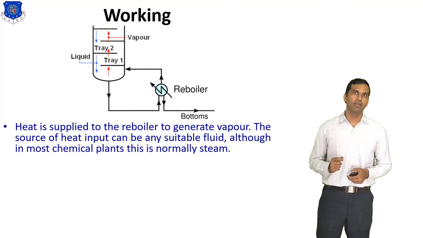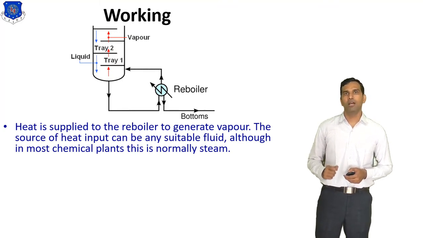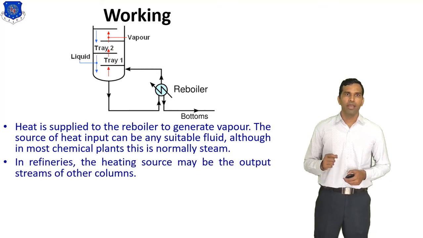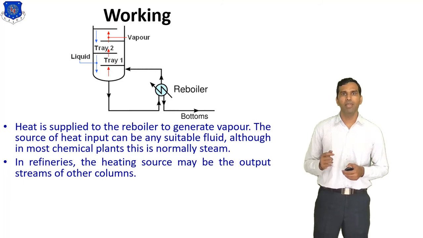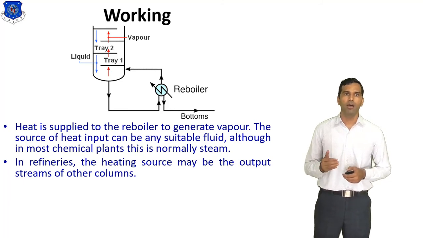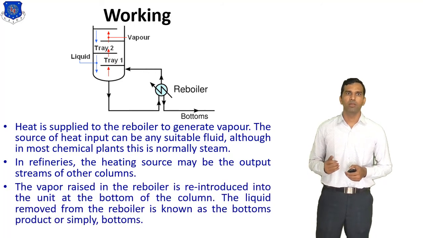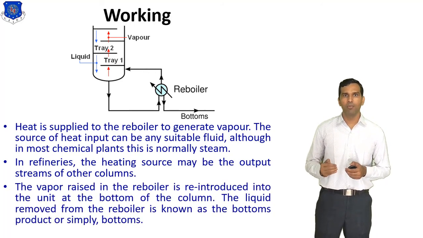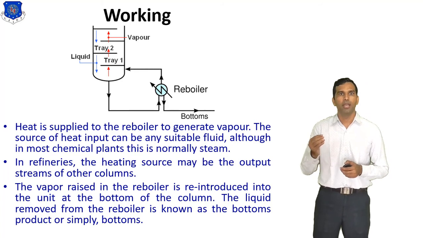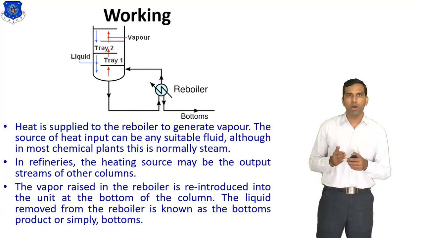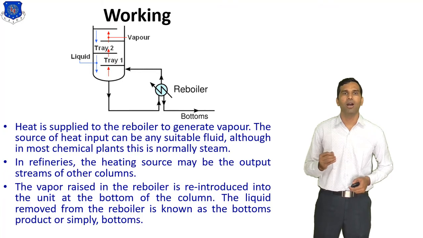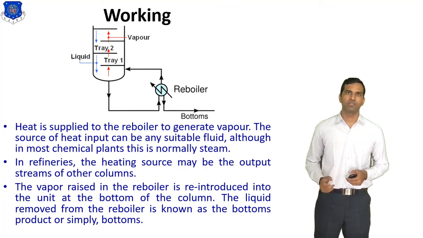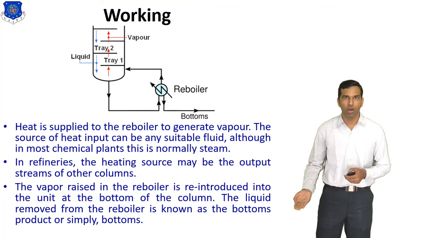In refineries, the heating source may be the output steam of other columns. The vapor raised in the reboiler is reintroduced into the unit at the bottom of the column. The liquid removed from the reboiler is known as the bottom product, or simply bottoms.